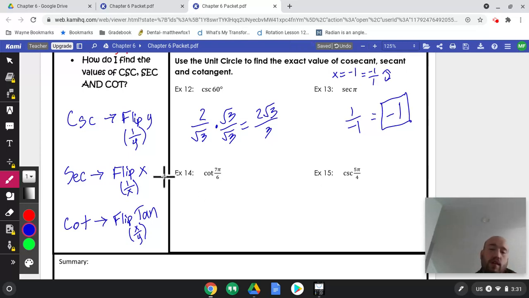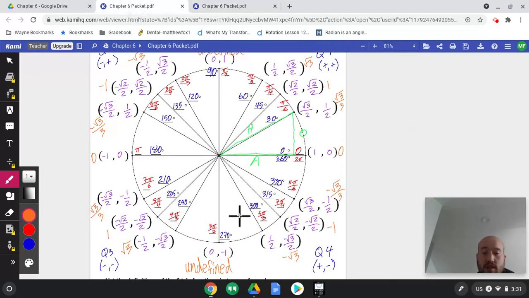Two more. Example 14 here, cotangent of 7 pi over 6. Remember, for cotangent we can flip the tan or take x over y. Since we already know the tan, we wrote those down, we can just take the reciprocal. So 7 pi over 6, we go here, the tangent is square root of 3 over 3.